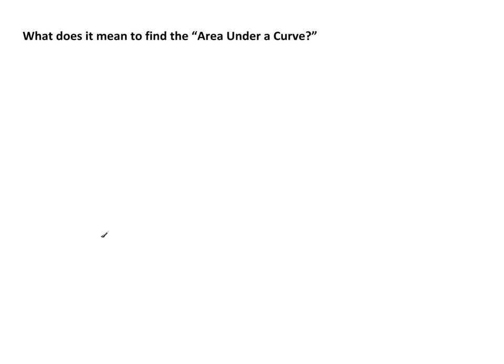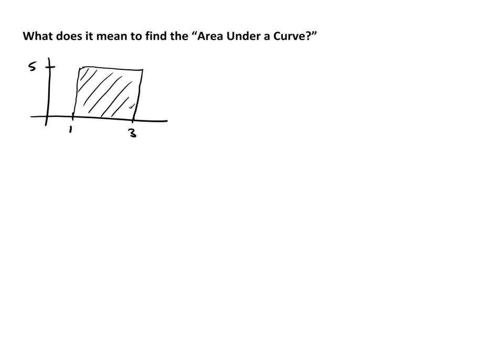Okay, so what does it mean to actually find area under the curve? Well, if I come out here and say I go from 1 to 3 and maybe all the way up to 5, and I draw this rectangular region, well, I know what the area is. It's a rectangle, and the concept of area makes a lot of sense.